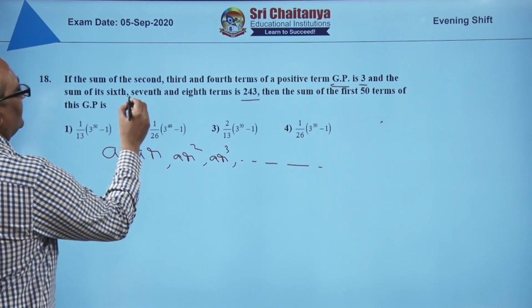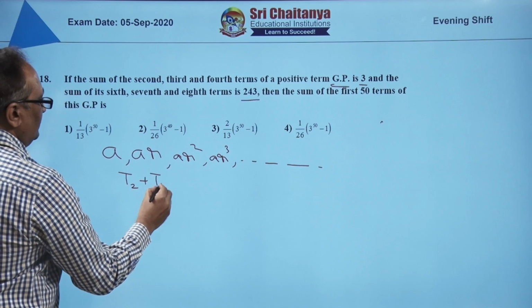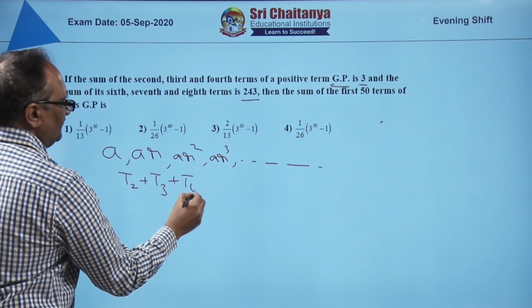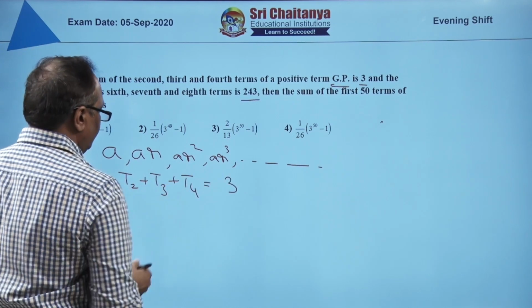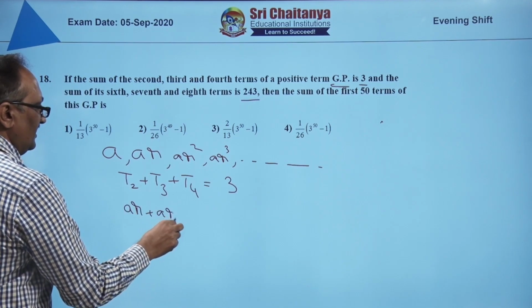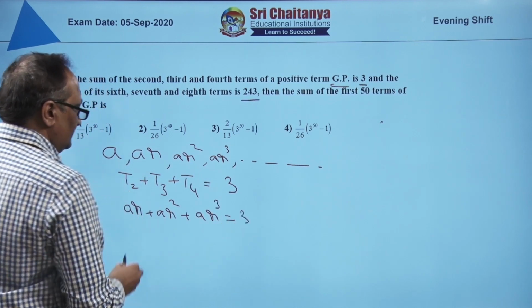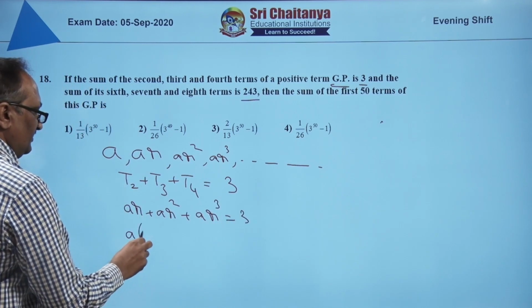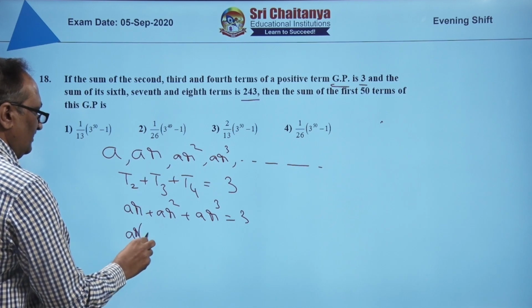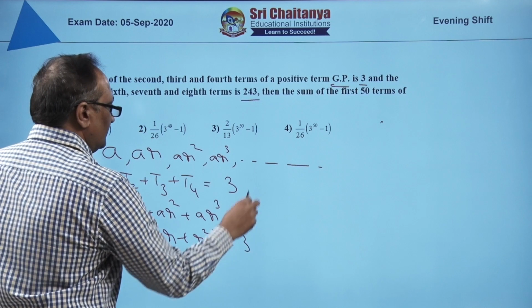Here the sum of the second term T2, third term T3, and fourth term T4 is given as 3. Second term is ar, then ar square, then ar cube, that is given as 3. So taking ar common, ar into 1 plus r square is nothing but 3.